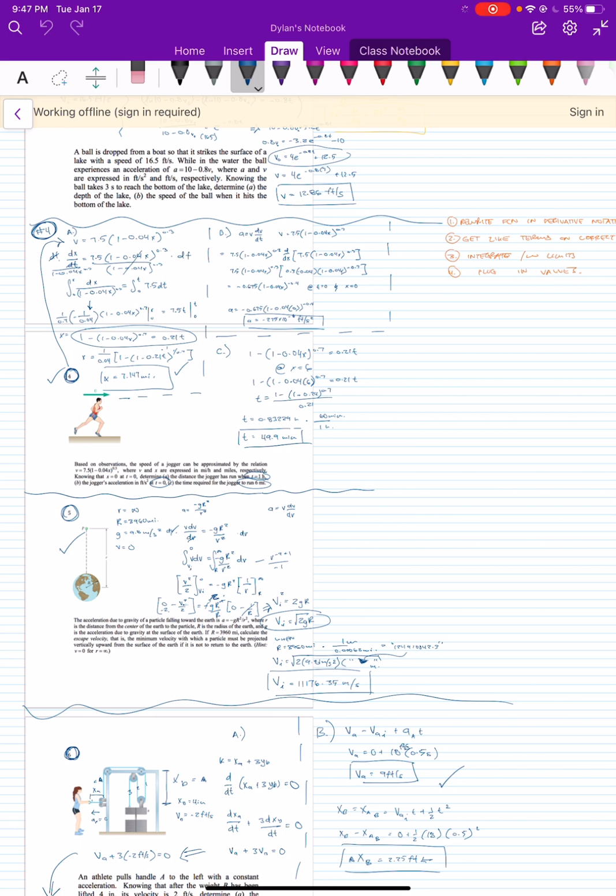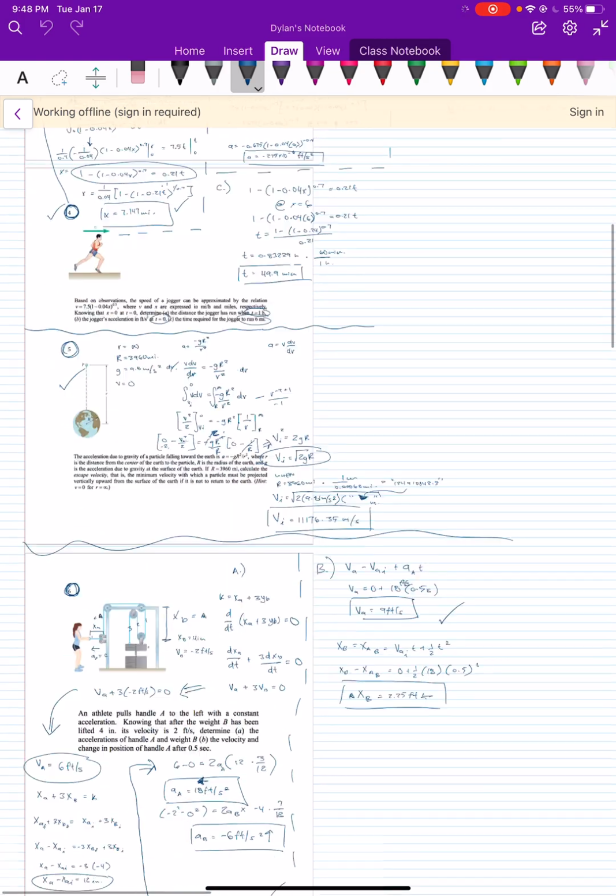Put it in terms of derivative notation, reorganize that, take the integral, plug those units in, and was able to find A, the distance the jogger was going to be at after 1 hour, and then same thing for part B is we found his acceleration at time 0 and after 6 miles. So same process for all of those, just plugging in different values from the equations that you solved for previously.